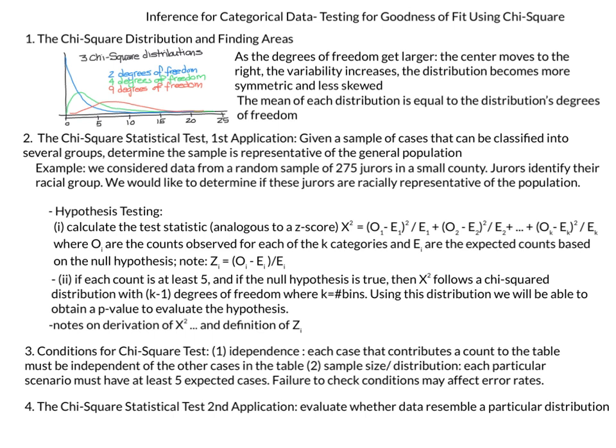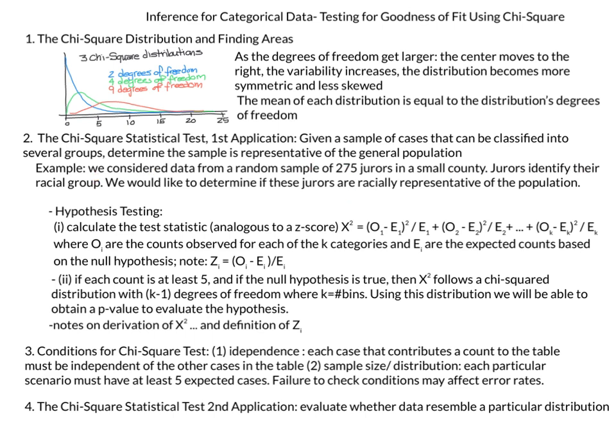The first application we'll consider for the chi-squared test is, given a sample of cases that can be classified into several groups, determine if the sample is representative of the general population. For example, if we consider data from a random sample of 275 jurors in a small county, we can see if the jurors identify their racial groups, that the jurors are racially representative of the population.